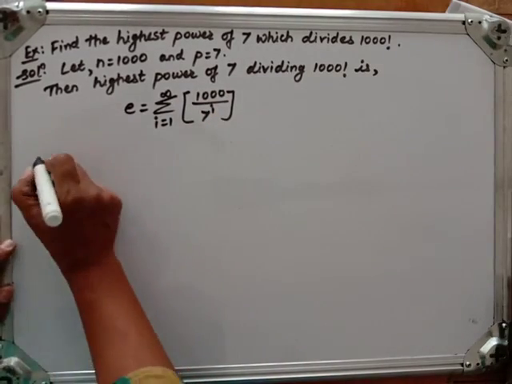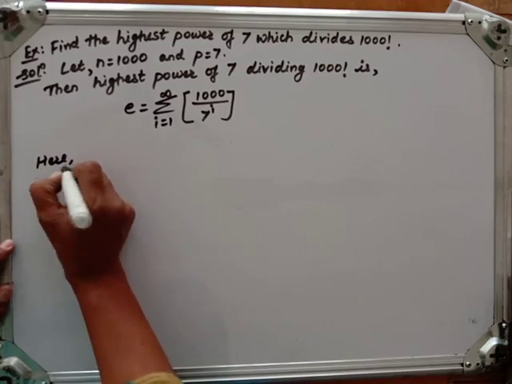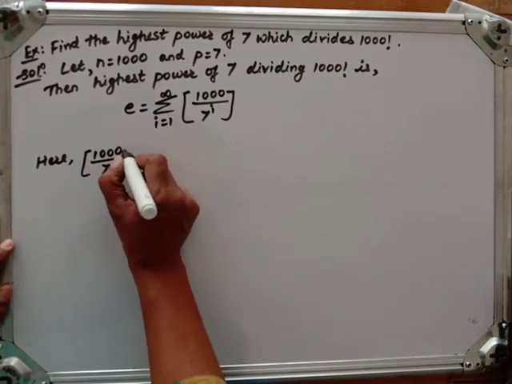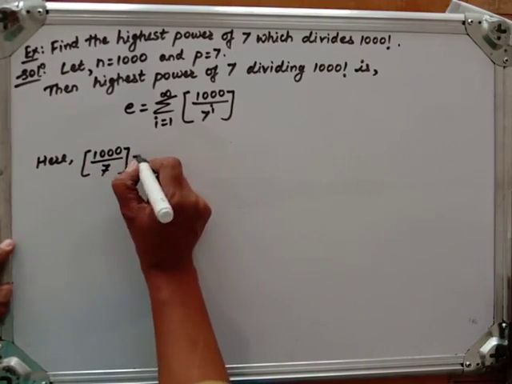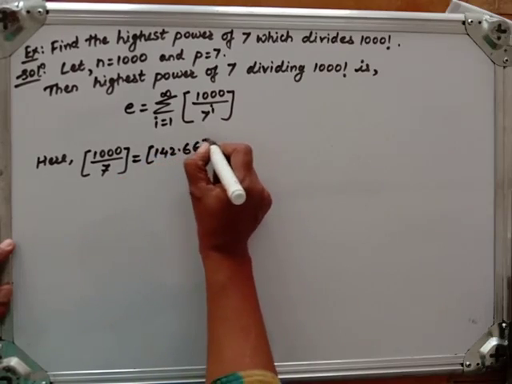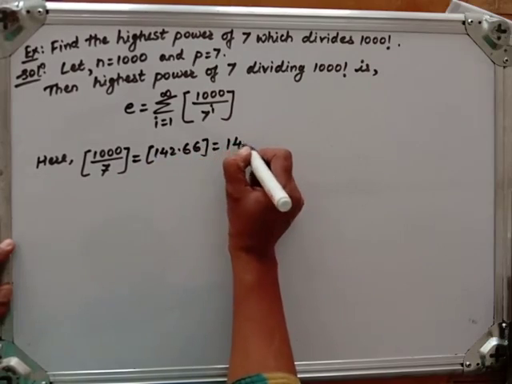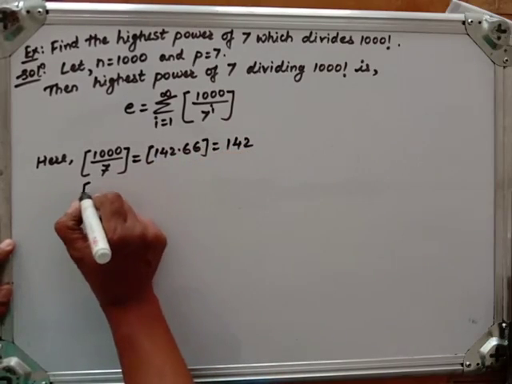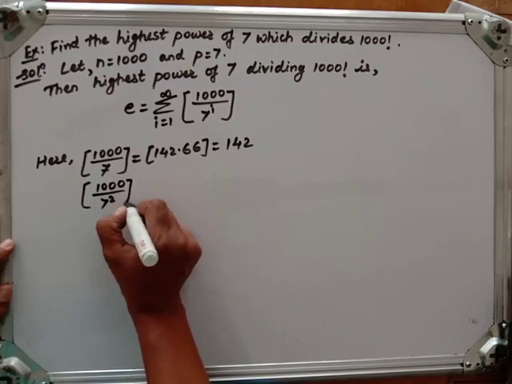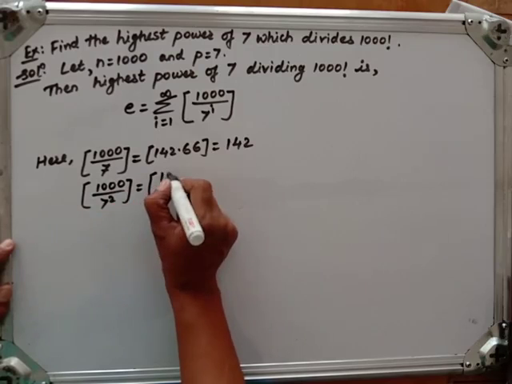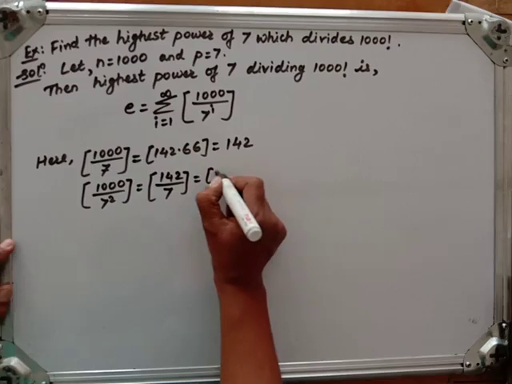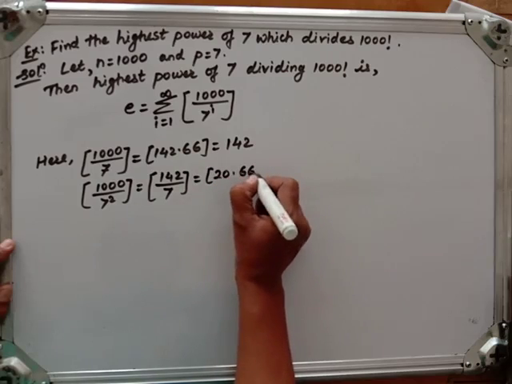So here 1000 upon 7 equal to 142.66, so its greatest integer function is 142. Again 1000 upon 7 square, so it is 142 upon 7, so it is 20.66.